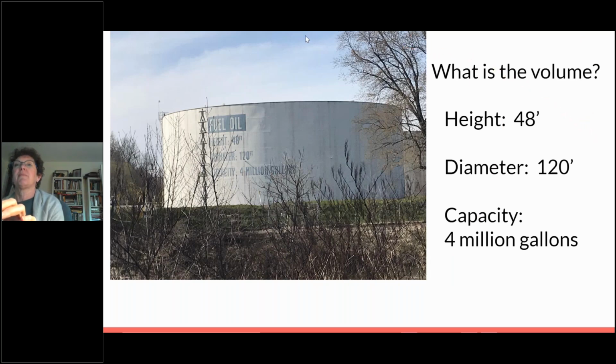So I had to look up how many gallons are in a cubic foot, and it is 7.48.